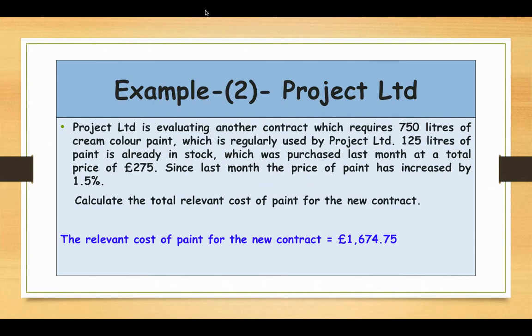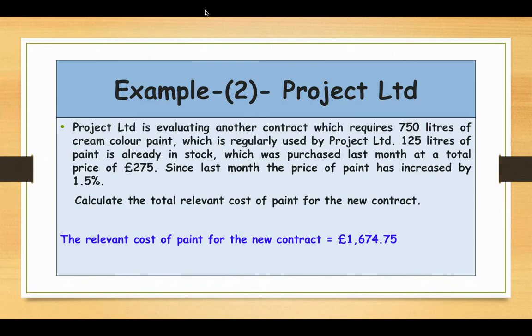Here we are going to see another different type of relevant cost of material. So we look at this example. The same Project Limited is evaluating another contract which requires 750 litres of cream colour paint, which is regularly used by Project Limited.